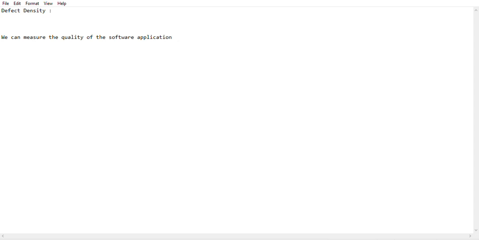Using defect density we can measure the quality of the software application. But how can we measure the quality of the software application? That will be defined by one formula.